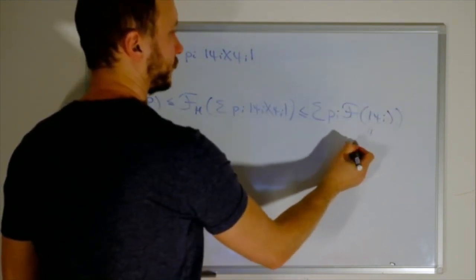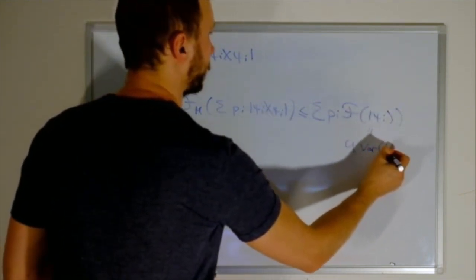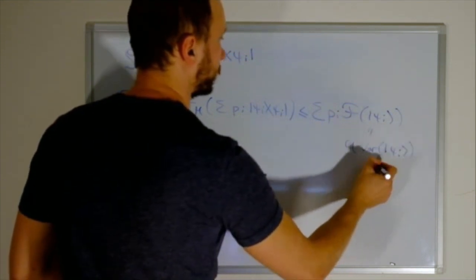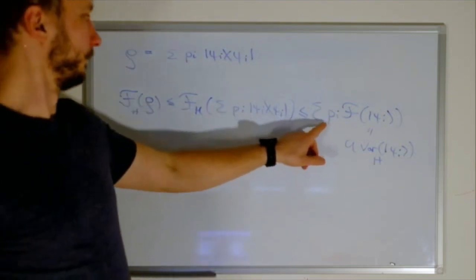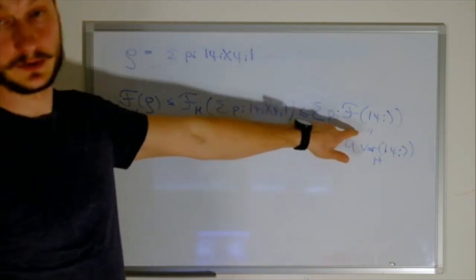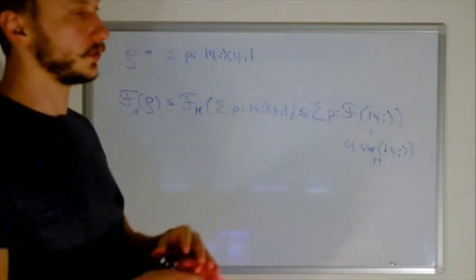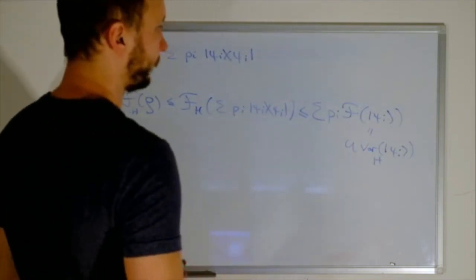And this is just equal to 4 times the variance of the state with respect to H. Good? And of course we also know it because the Fisher information is given by the minimum of this quantity. So for all the other decompositions it's larger.